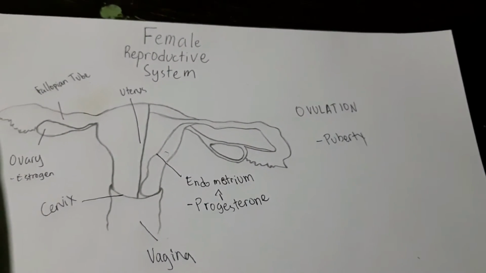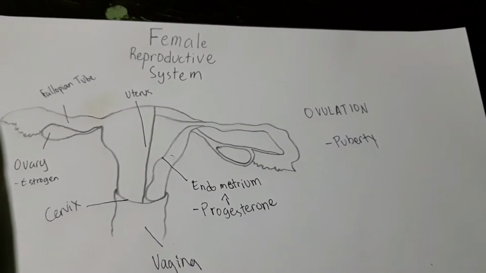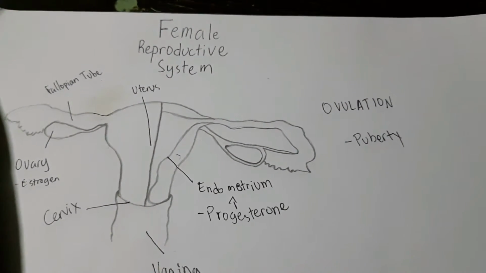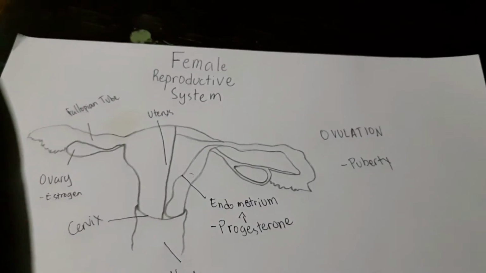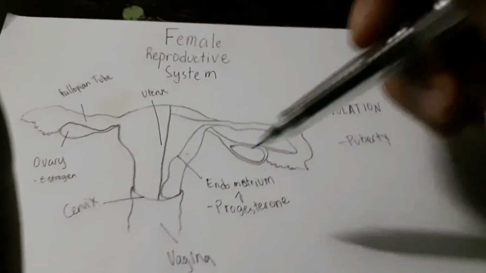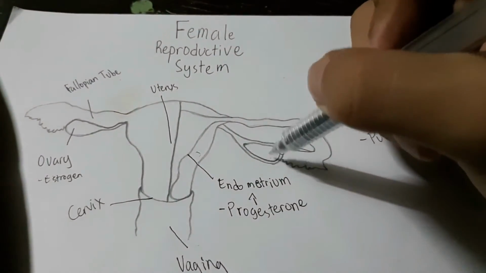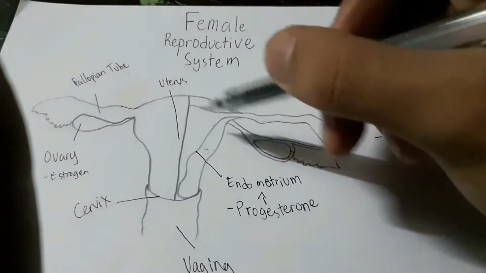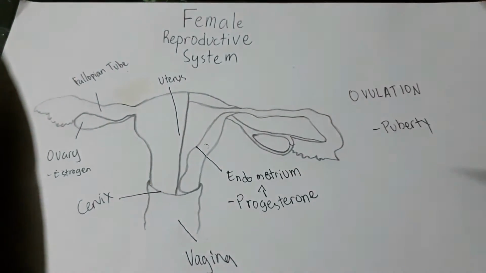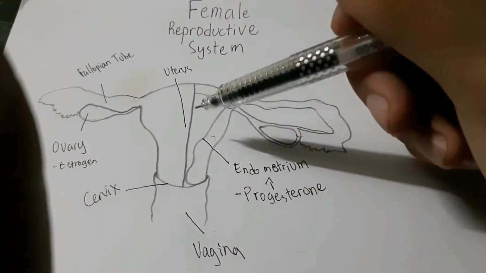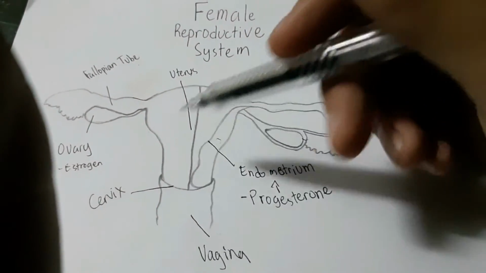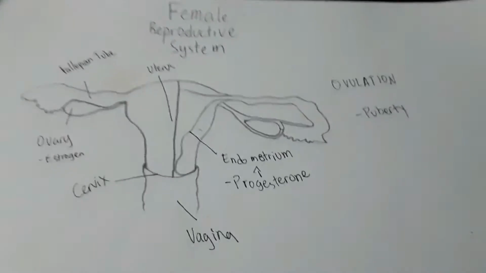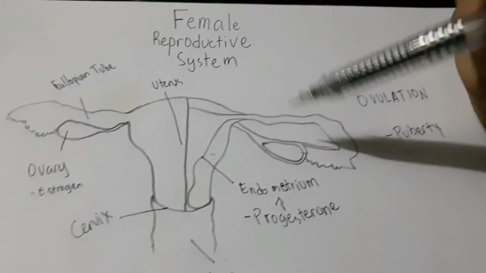Kasi pag nag-ovulate yung babae, nagre-release yung ovary ng egg cells dito. Pupunta yan dito. Tapos, 'di ba, yung sperm cell fina-fertilize yung egg cell para magkaroon ng baby.